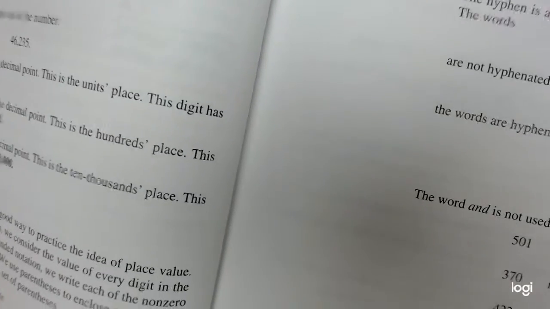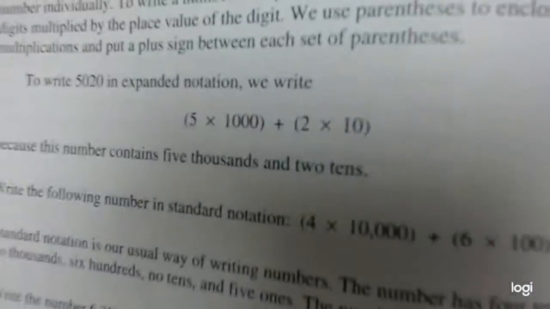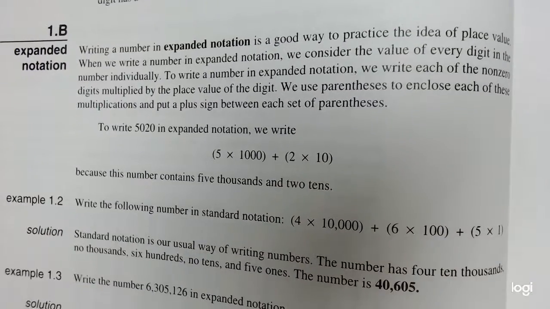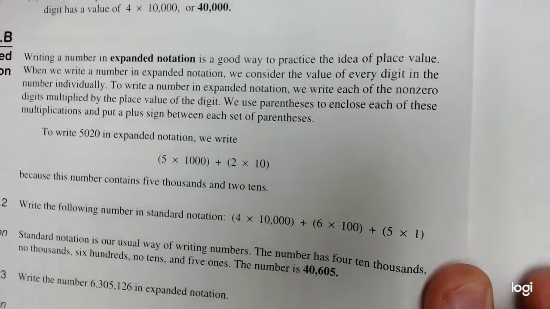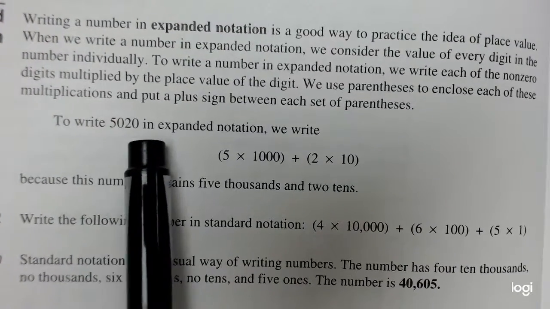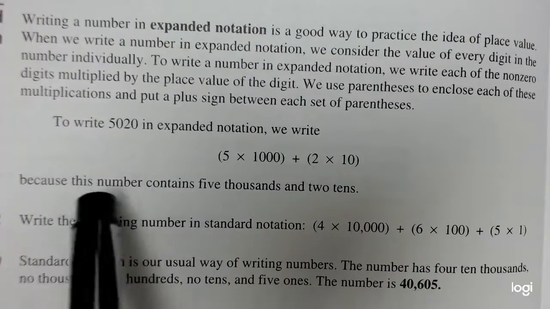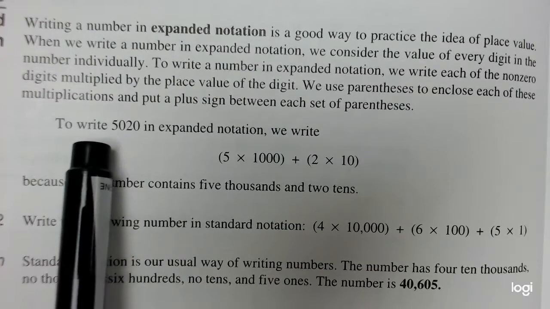Expanded notation is simply expressing numbers based on their place value. For example, here they have the number 5,020. What we do in expanded notation is every time we come to a whole number that is not 0, we write it in parentheses with its place value.